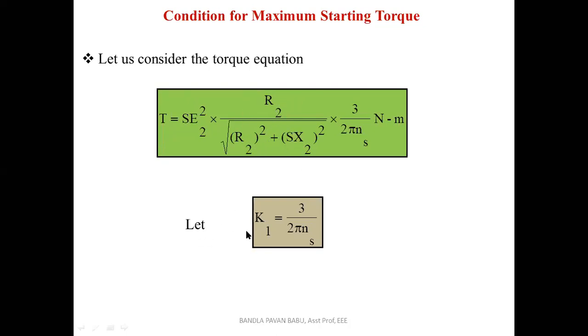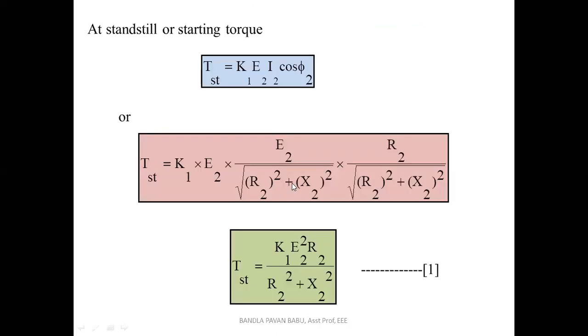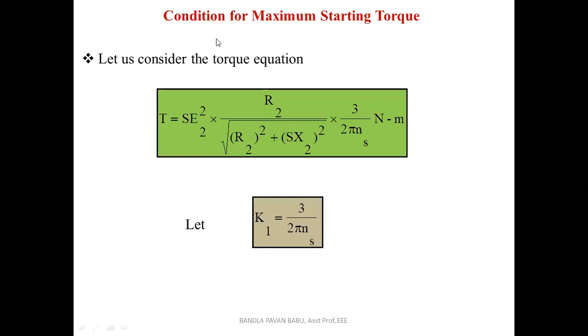Let K1 equal 3 by 2 pi ns. This is the constant, and here ns represents the synchronous speed. We need to know the condition for maximum starting torque.